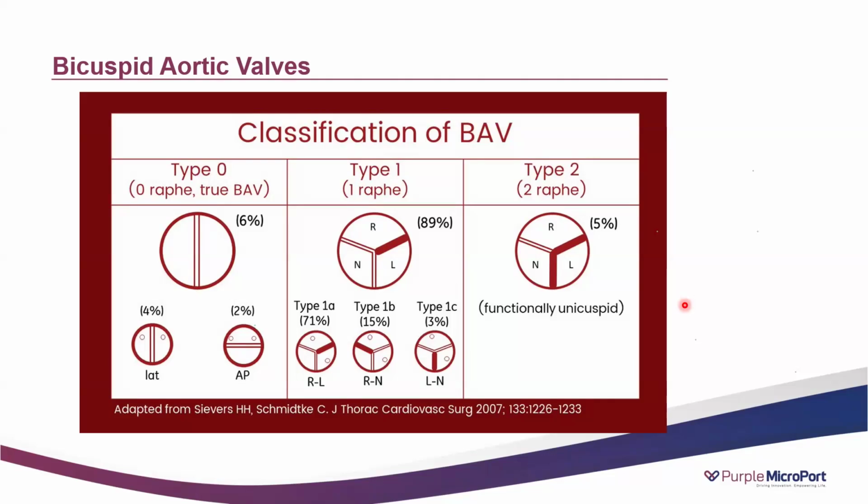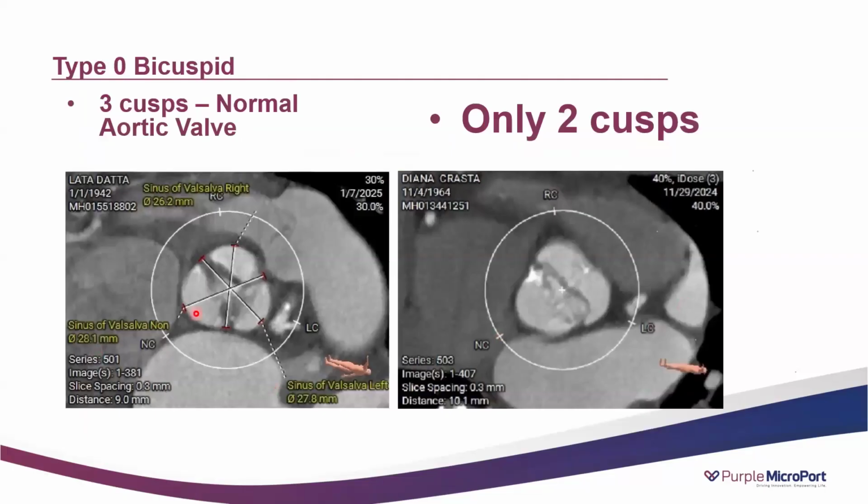Fine. So I think bicuspid, everybody is clear. Now you see, this is exactly how you train on 3mensio. So this is a tricuspid valve. You have the right coronary cusp, the non-coronary and the left. Can you see these three cusps separately?